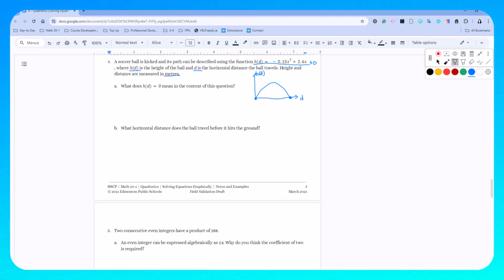Well, when h of d equals 0, what it means here is the horizontal distance d that makes the height, h of d, equal to 0.